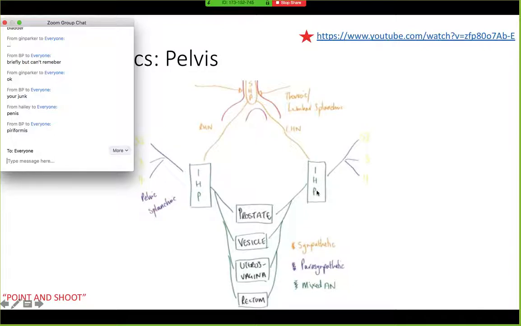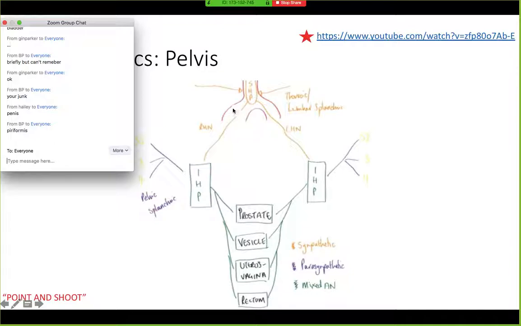So where are the fibers that make up the inferior hypogastric plexus coming from? So part of them are coming from your pelvic splanchnic nerves. So that's from spinal levels S2 to S4. And that's on either side. So parasympathetics contributing to the inferior hypogastric plexus.